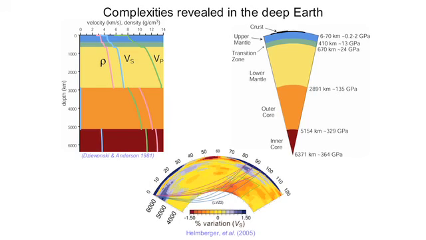It's probably as complicated, or at least more complicated than we thought, if we compare to the Earth's surface. And the red regions here are where the seismic waves travel slower than a reference state, and the blue are where they travel faster. So now one may ask, what is causing those differences in wave speeds?